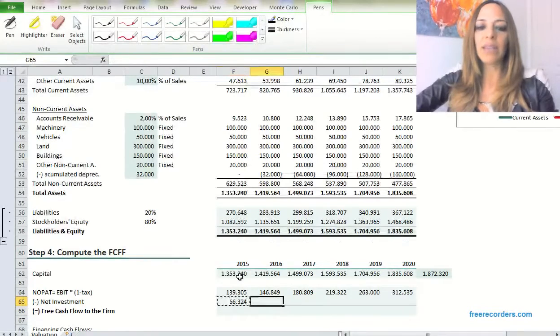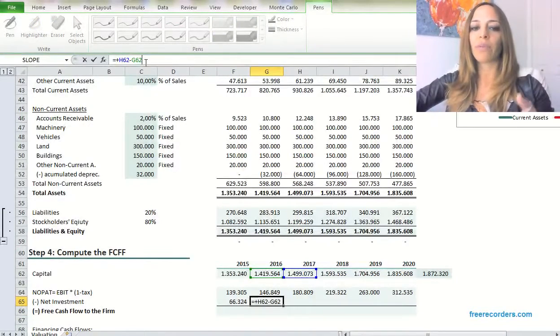And in the second year, 79, because the capital will need to grow from 1.419 to 1.499.